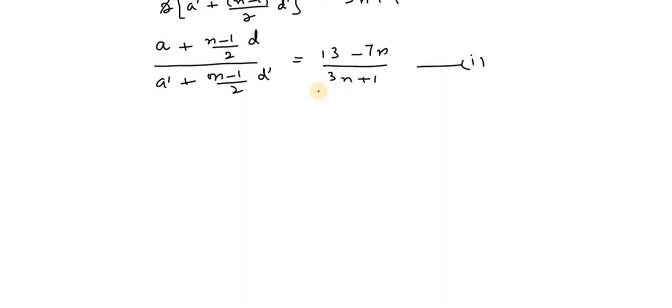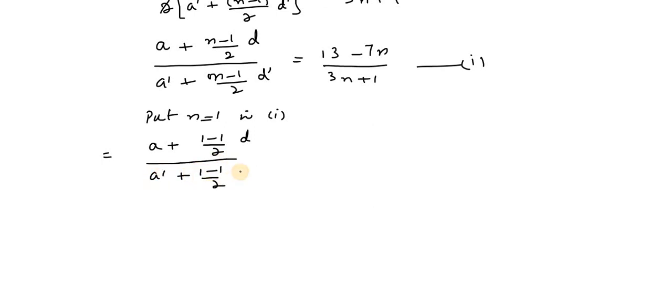So for the first term we put the value of n equals 1 in equation number 1. So we get a plus 1 minus 1 upon 2 d upon a dash plus 1 minus 1 upon 2 d dash is equal to 13 minus 7. Put the value of n as 1 for the first term.